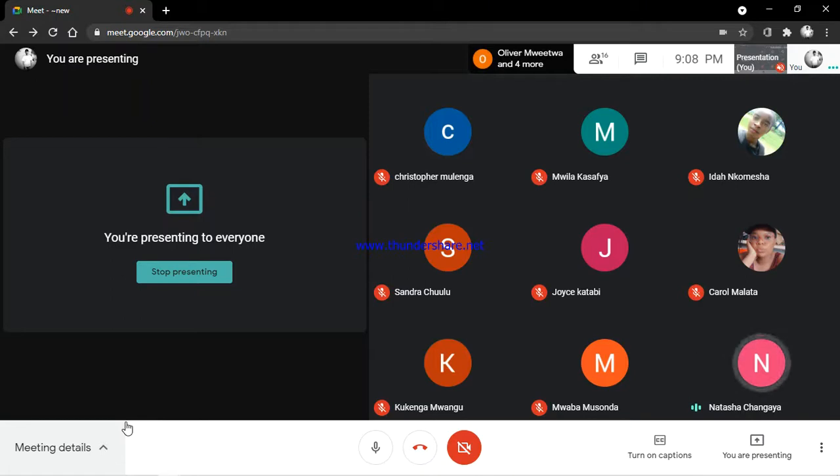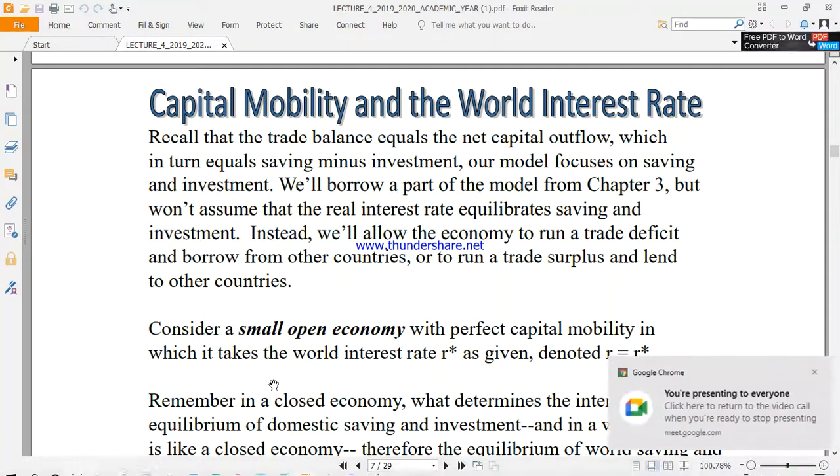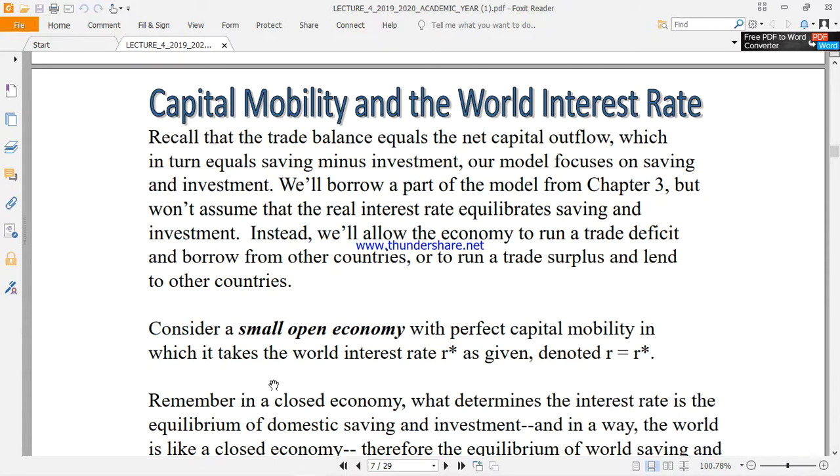Okay, capital mobility. I was talking about net capital outflow and the trade balance. Net capital outflow is just the difference between savings and investment. And then I also talked about world interest rates and domestic interest rates.